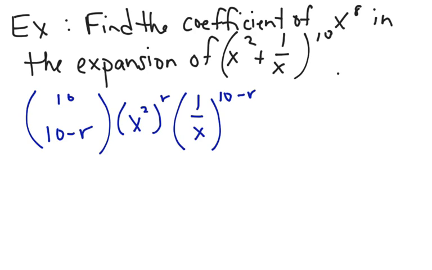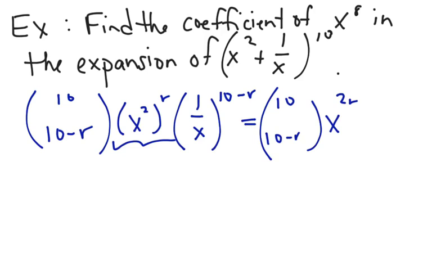Let's do some simplifying here. Nothing's going to happen to my 10 minus r. But when I simplify, the exponential power rules tell me that this is going to be x to the 2r, and that this is going to be x to the negative first, and then 10 minus r, because 1 over x is the same as x to the negative first.